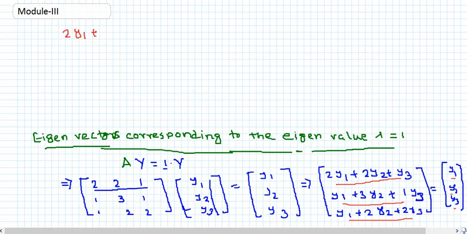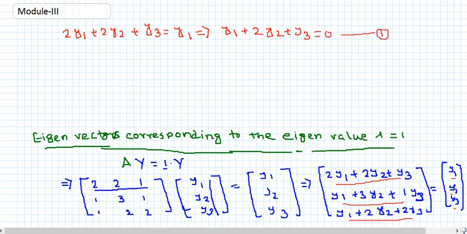We get 2y1 plus 2y2 plus y3 equals y1. This implies, if I take y1 to this side, y1 plus 2y2 plus y3 equals 0. This is our equation 1.